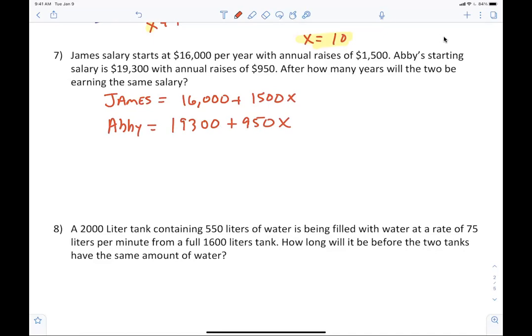I don't think that was that hard. Everybody agreeing with me on that? Now, what do I do with the salaries? They equal each other. We want to know when they're equal. So now we just say 16,000 plus 1,500x equals 19,300 plus 950x. Now you have your handy dandy calculator out because I know the numbers are too big for my babies.